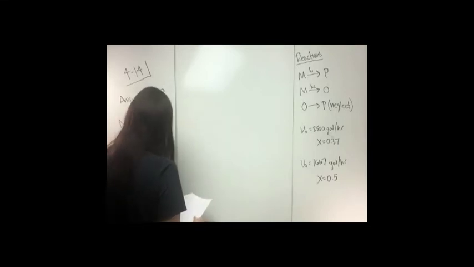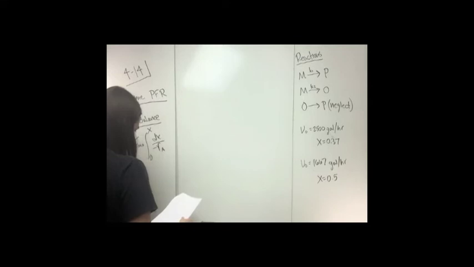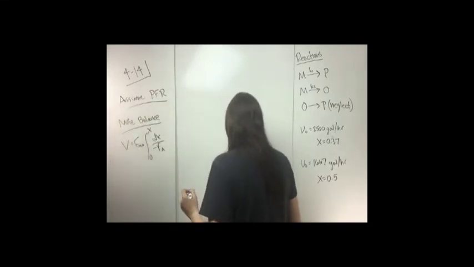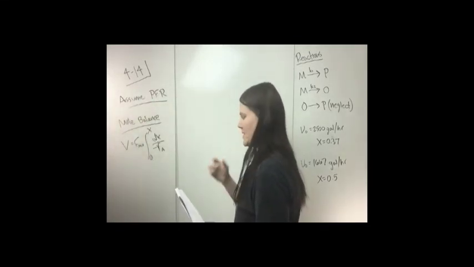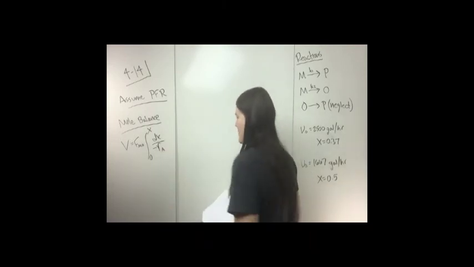And so V is equal to Fm naught, integral from 0 to x of dx over minus Ra. The rate and stoichiometry are still the same for this, so I'm just going to skip straight to the combined step.